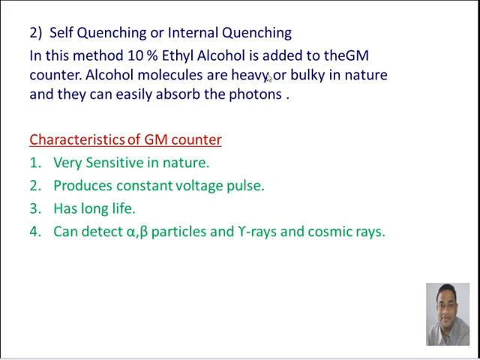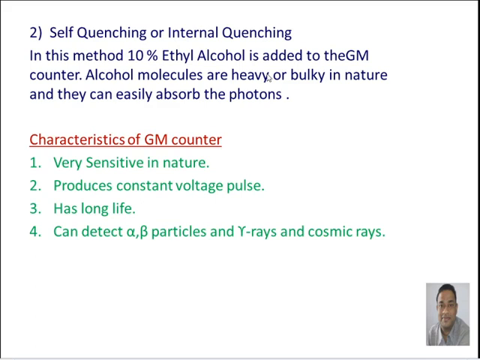That is the reason why a GM counter consists of 90% argon gas and 10% ethyl alcohol, maybe in gaseous form.